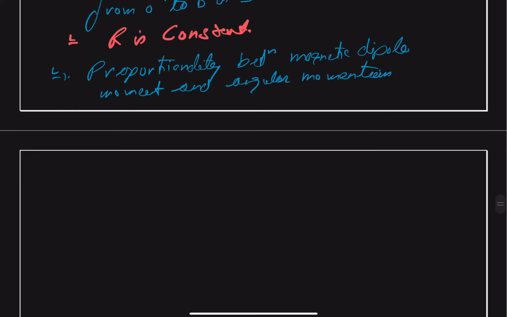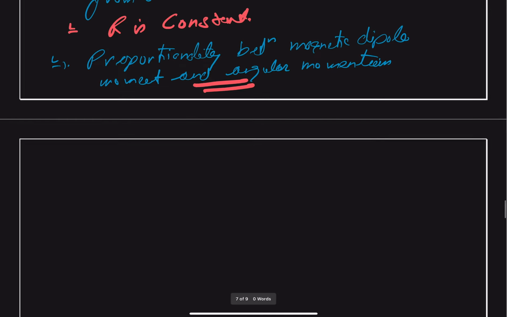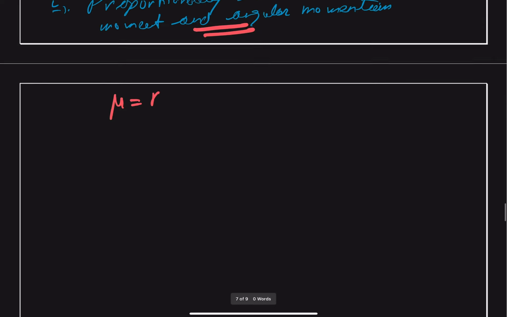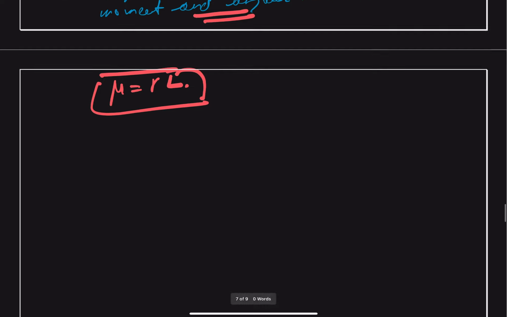Based on this, the magnetic dipole moment, usually represented as mu, will be equal to gamma, the proportionality constant, times the angular momentum, which is represented as L. And we also know that the magnetic dipole moment is given as the product of current as well as area.